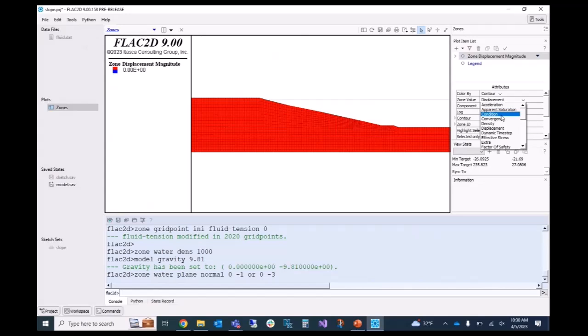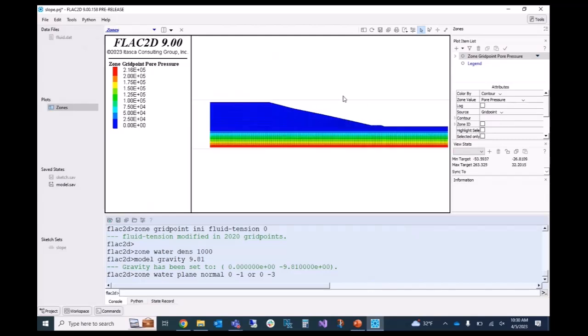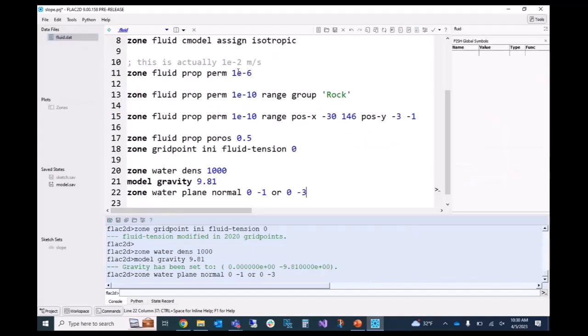Change the zone value to pore pressure. Hopefully it looks like this. So all the waste is 0, and then it increases basically from the top of the sand down to the bottom. Got that? Okay, so we got that in there.